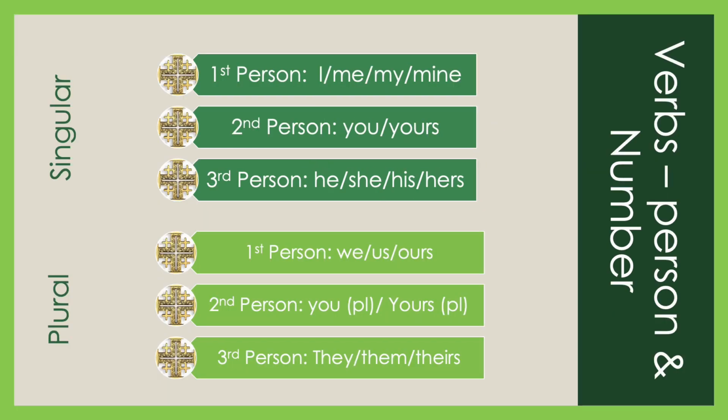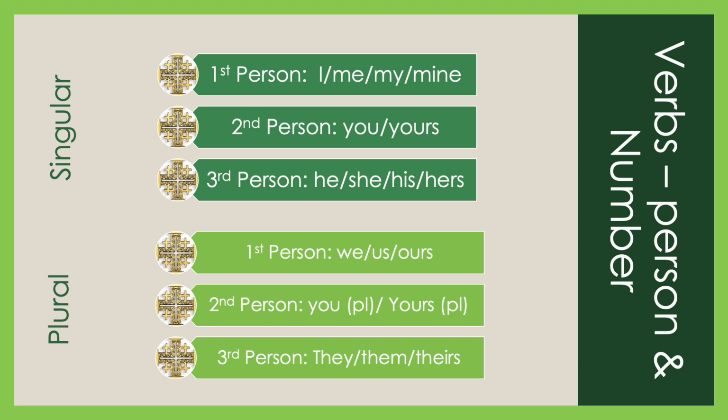The other thing that we need to know about verbs is the person and the number. So number is simple, whether it's plural or singular. And the person. So first person would be I or me or my or mine if it's singular, and we or us or ours if it's plural. The second person is you.